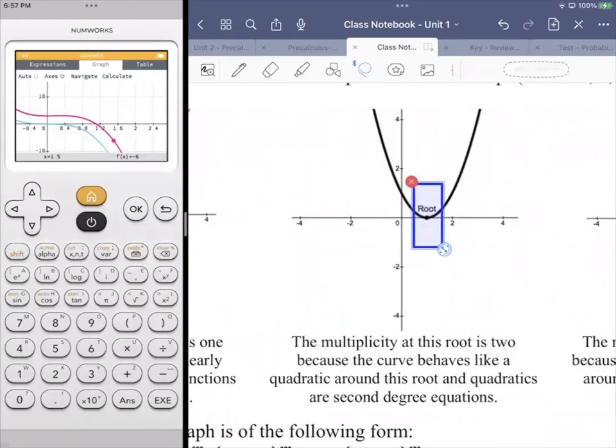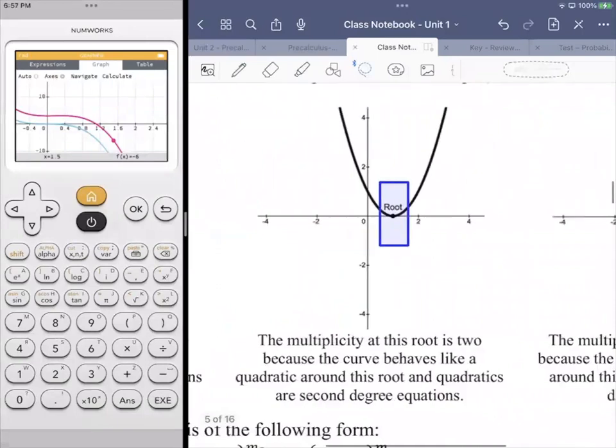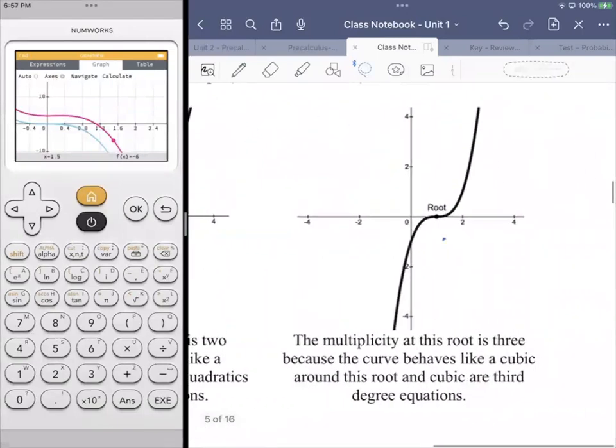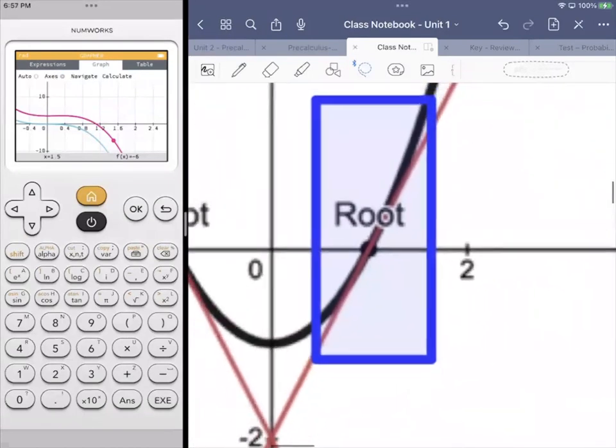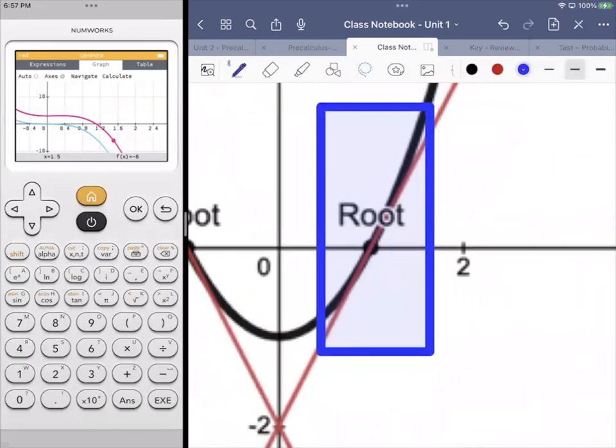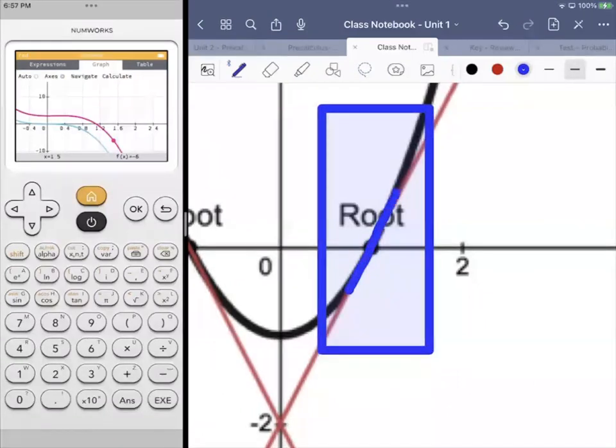That would be this little window here, and this window here. If I really bring it in and look at it closely, it's not perfect, but in the neighborhood of that root, this is shaping up like a line. So it behaves like a line.